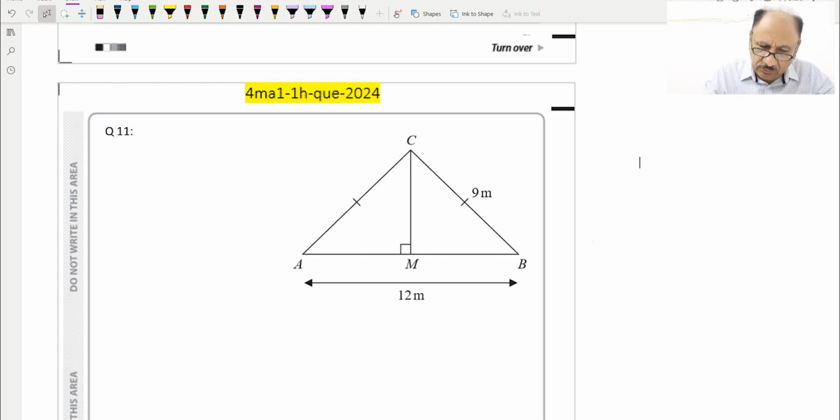So this is 9 meters. This side is also 9 meters, and this is 12 meters. This length is 12 meters. This one 9, this one also 9. And then they are saying angle AMC is 90 degrees. This angle is 90 degrees.